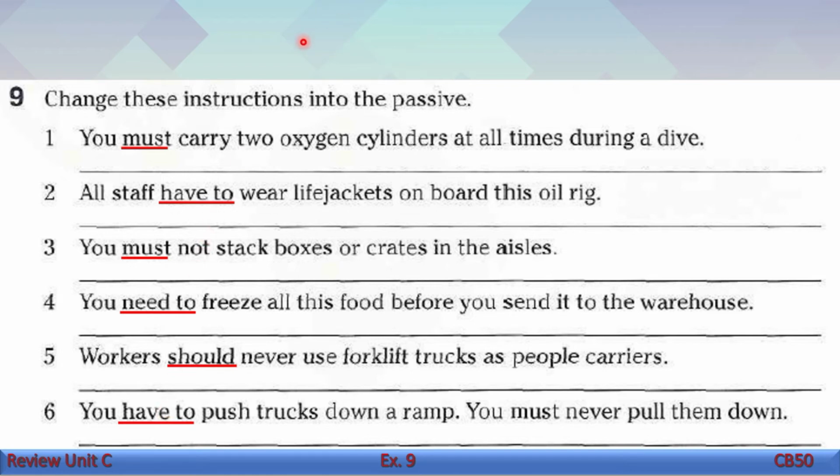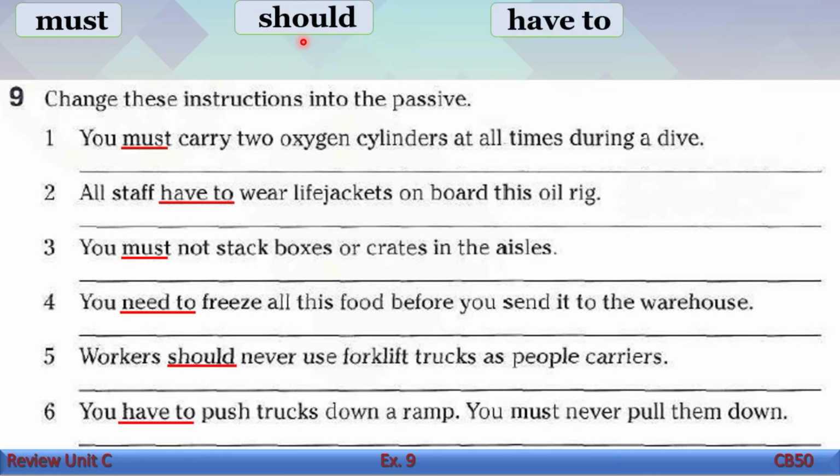In the previous lessons, that is Unit 6, we covered 4 modal verbs. Do you remember them? Great. We have must, should, have to, and need to.